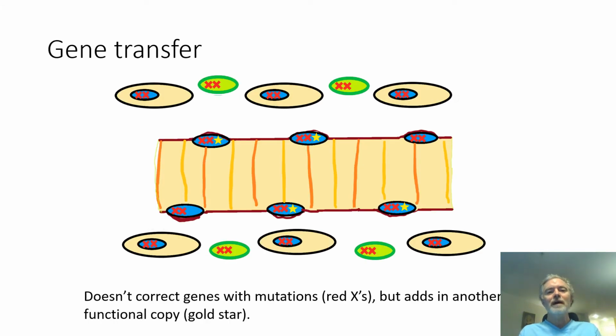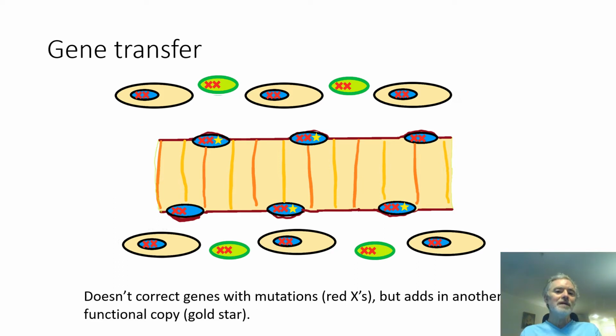Okay, so to give a little bit of a review, gene editing is distinct from gene transfer. Both can actually be considered as types of gene therapy, but in gene transfer, what you're doing is putting in a new copy of a particular gene that's mutated.